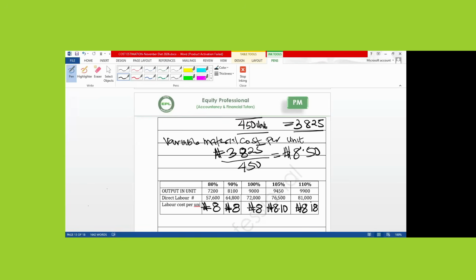Overtime. When you are working above 100%, reasonably, management will compensate you. Management is giving workers overtime premium payments. That is why the labor cost per unit increases after 100% production.